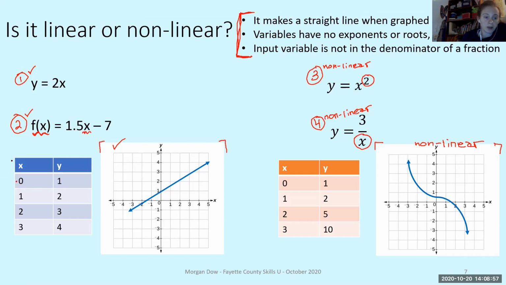So for example, on the left-hand side here with this table, if I look at the input column, when I go from 0 to 1, that is a change of 1, or positive 1. Now, if I come over here to the output, when I go from 1 to 2, that is a change of 1 or positive 1.